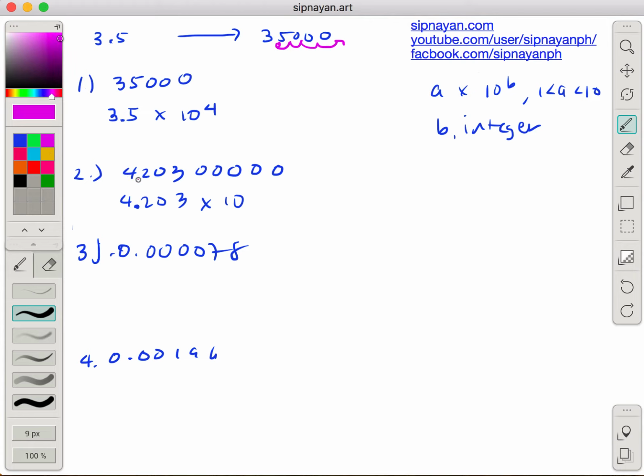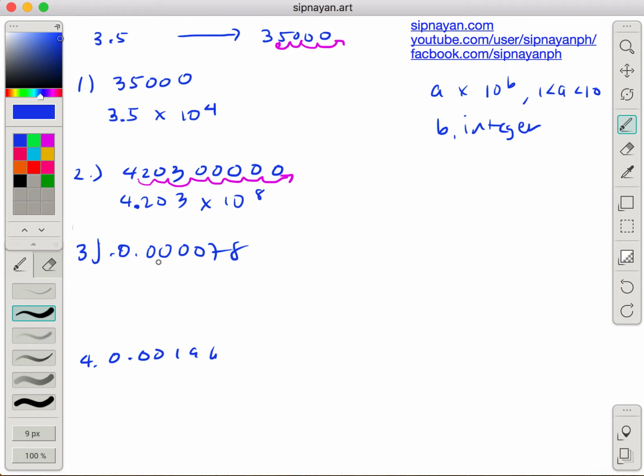So, galing siya sa original, 4.203. 1, 2, 3, 4, 5, 6, 7, 8. So, pakanan, 8 places or 8 movements. Kaya siya 8, positive. Kasi from this number to this number, lumalaki siya. So therefore, positive yung power natin.